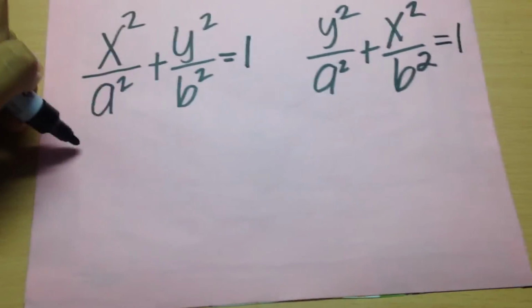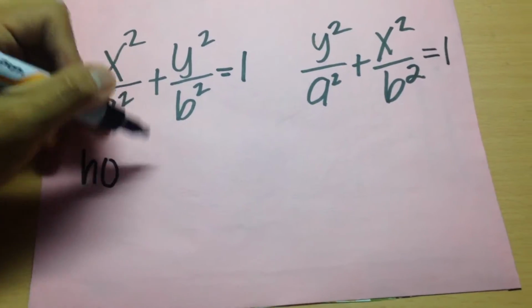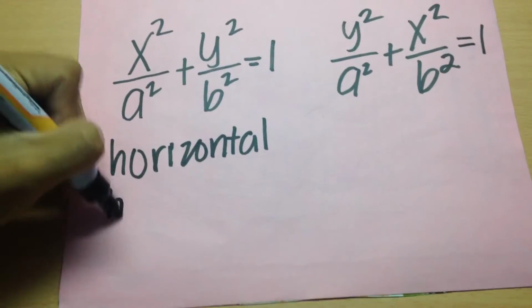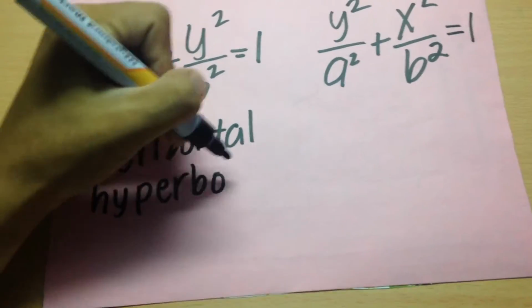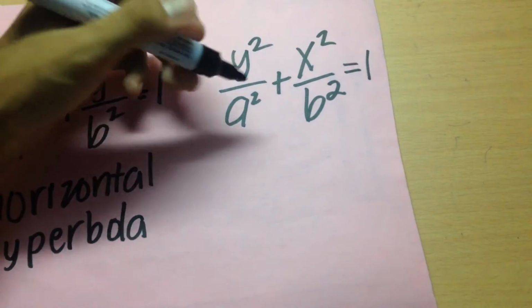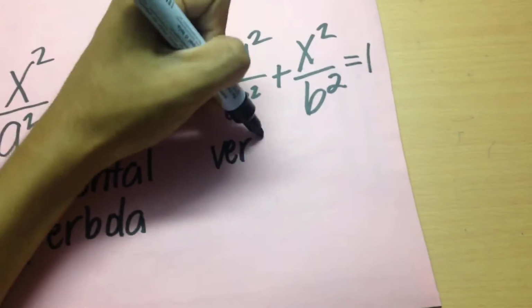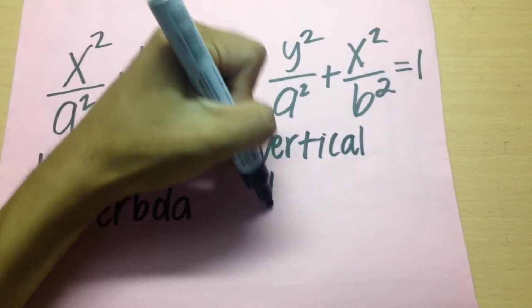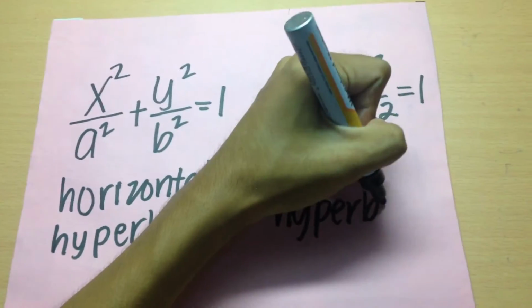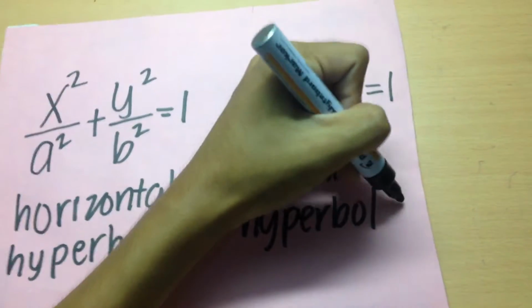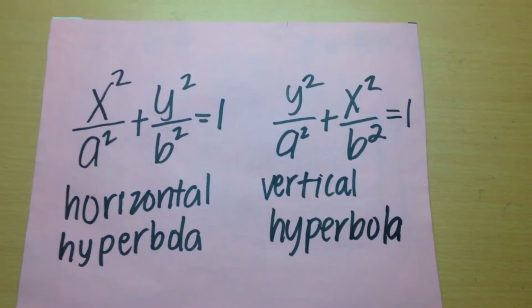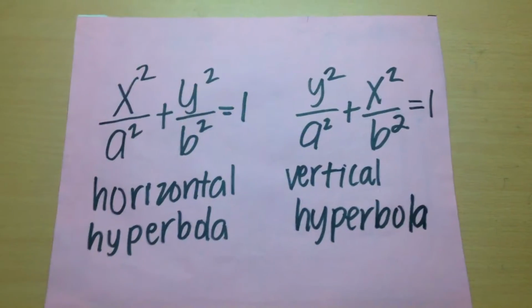This is the standard formula for the horizontal hyperbola, and this is the standard formula for the vertical hyperbola.